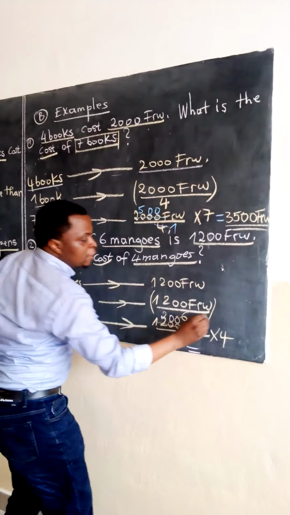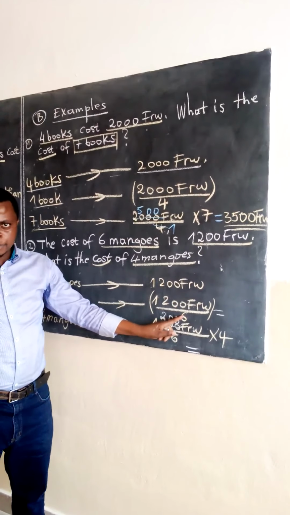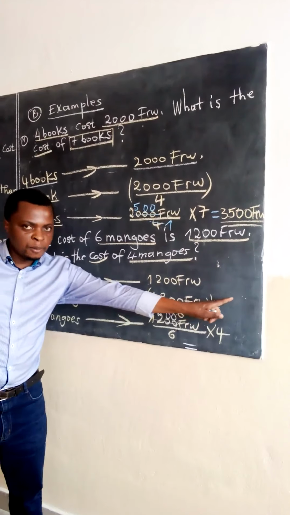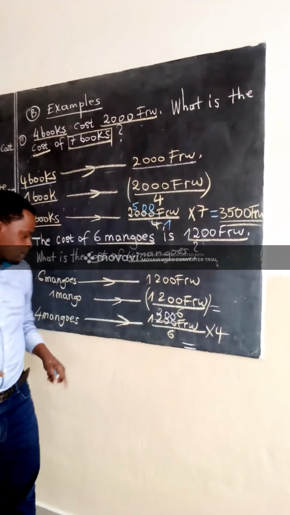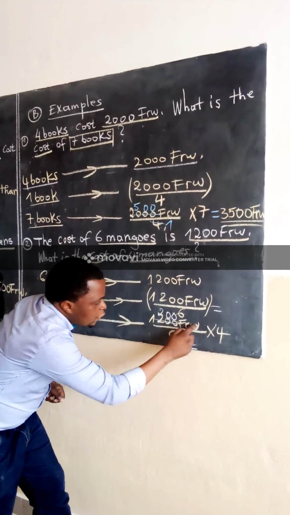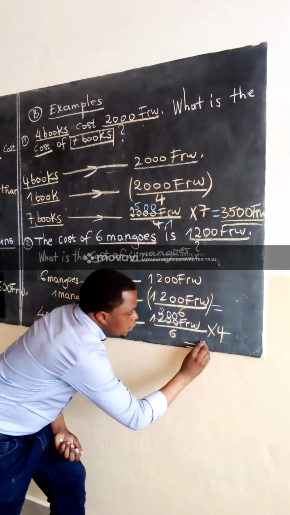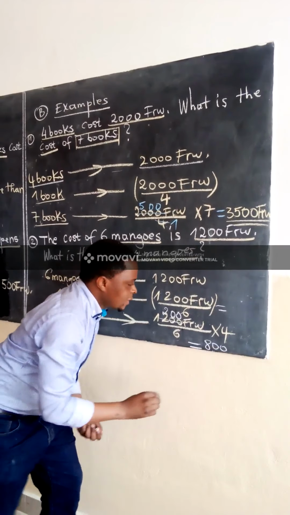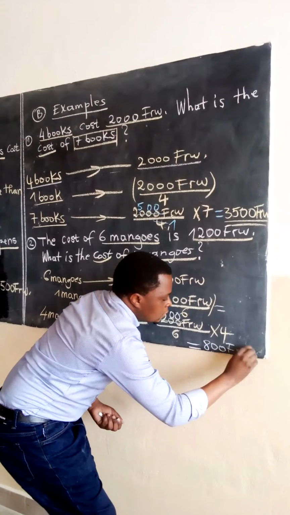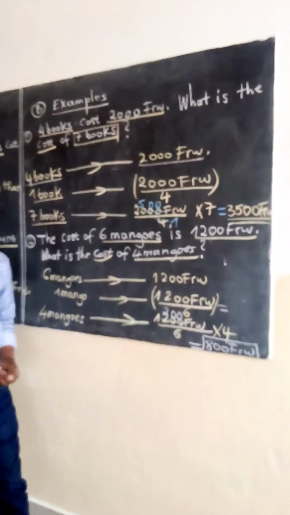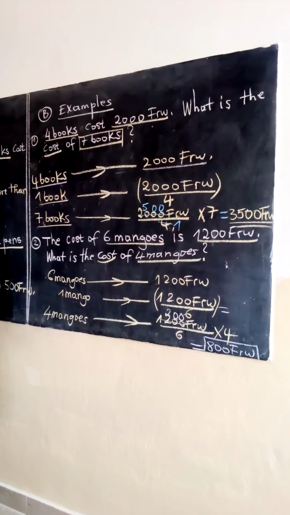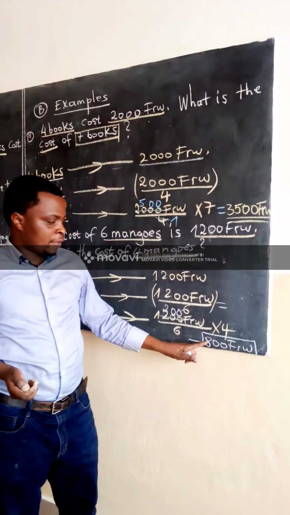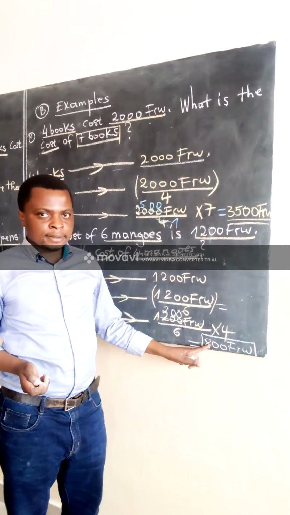You can even find the cost of one mango first, and then multiply by 4. 200 francs times 4: 2 times 4 is 8, so 800 francs. This means that the cost of 4 mangoes is 800 francs.